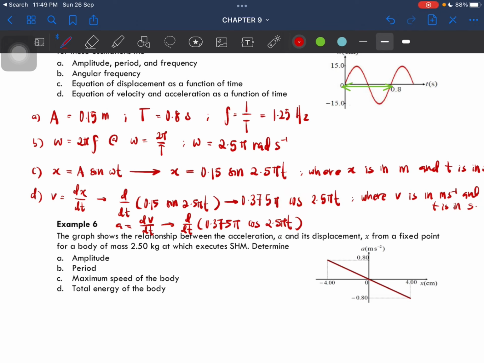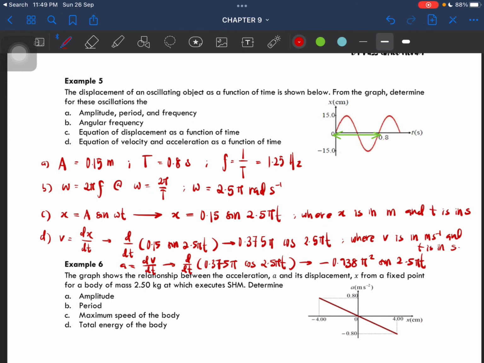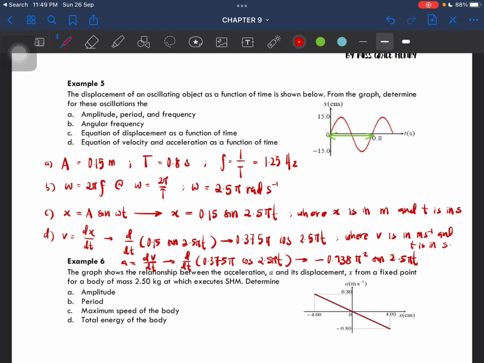So differentiation of cos in terms of time here will give us a negative sign, so a equals negative 0.938 pi square sine 2.5 pi t. Sorry I squeezed it into this place, but hopefully you can understand what I'm trying to do here. Okay, so basically that is the solution for example number 5.